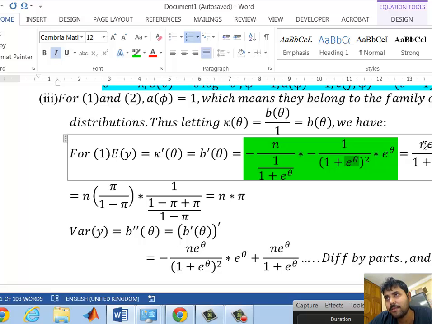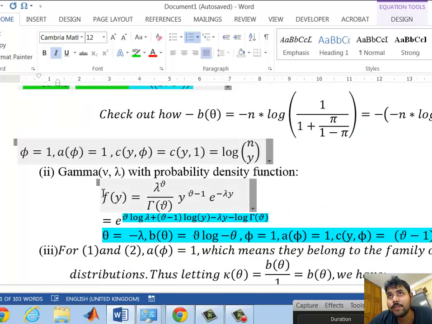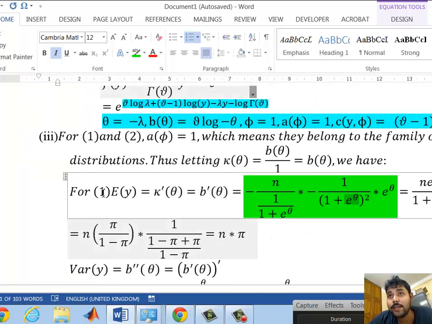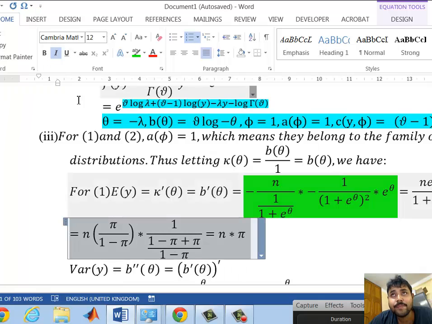So it comes as n into e to the power theta by 1 plus e to the power theta. Substituting this using the value of theta, that was log of pi by 1 minus pi, and I have told you that log is invertible, so e to the power log is the function back itself.